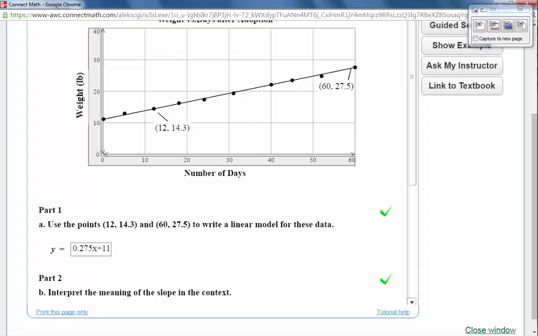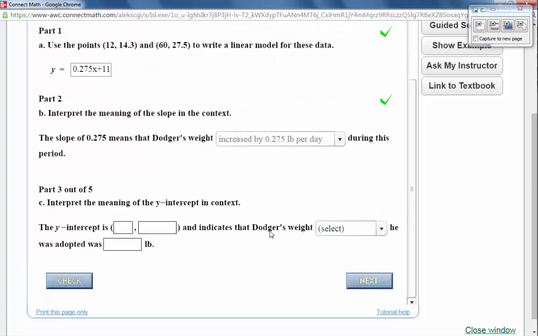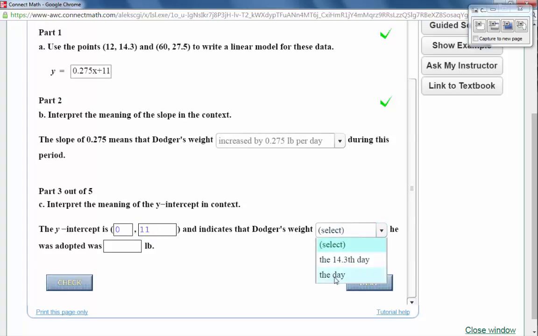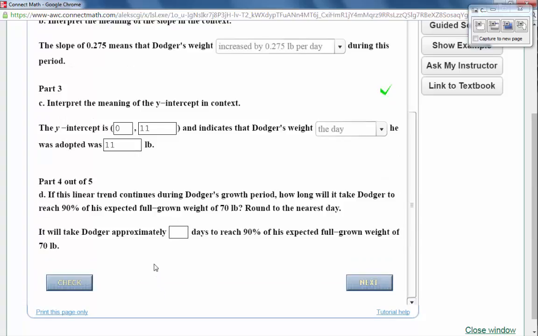Maybe birth, I don't know if it's birth, but it's day 0. So the intercept (0, 11) indicates Dodger's weight the day he was adopted, right? And it was 11 pounds.